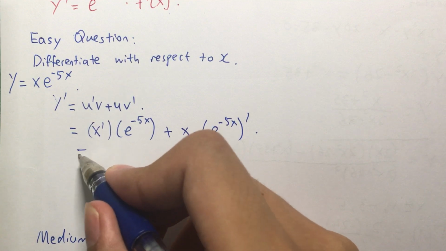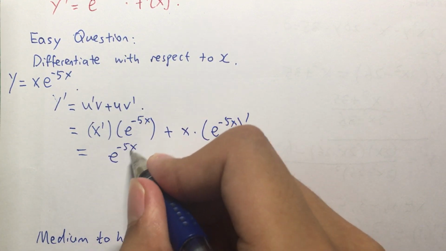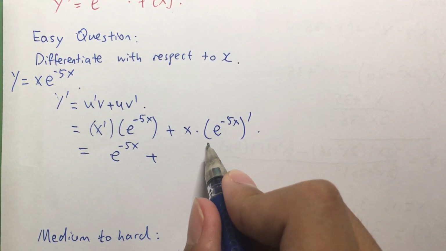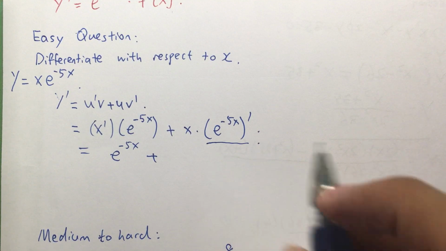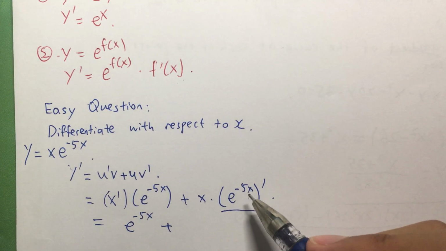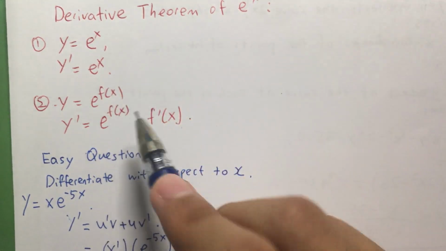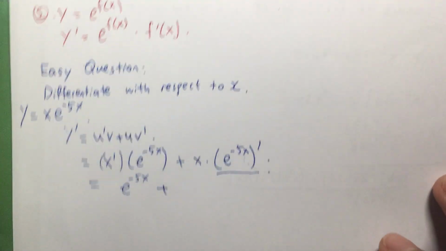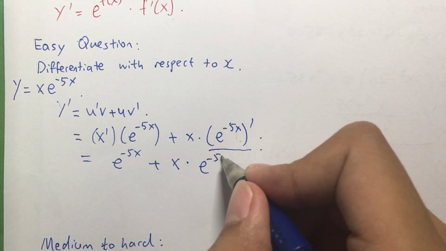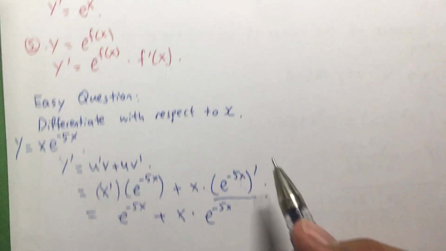And x dash is equal to 1, so we have e to the power of negative 5x here. And plus, now we are going to use the theorem to solve this. Here it's negative 5x, so we can't use the first formula, we need to use the second one, which becomes plus x times e to the power of negative 5x, the same, and then we need to times f dash x.